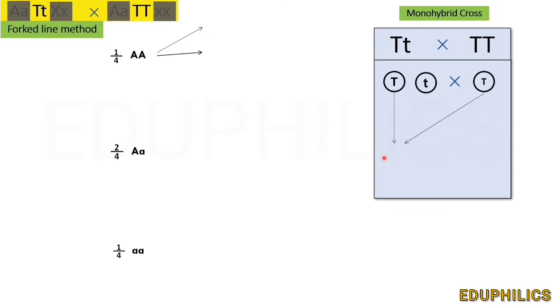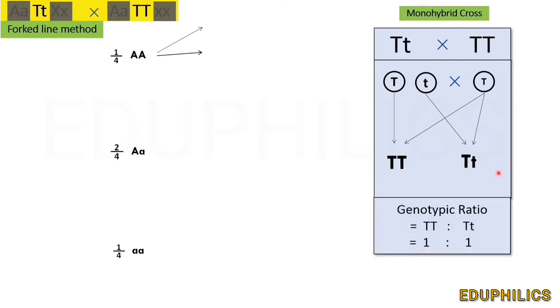The fusion of these two gametes produces homozygous dominant genotype and these two gametes fuse to produce a heterozygous genotype. Here the genotypic ratio is 1:1. We consider this genotypic ratio of the monohybrid cross and write it in fork-line method, which is capital T to capital T small t in the ratio of 1:1.